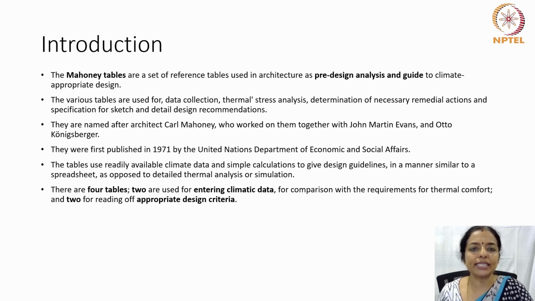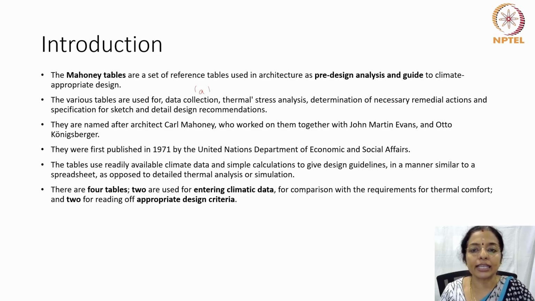The Mahoney's table is a set of reference tables used in architecture as a pre-design analysis and guide to climate appropriate designing. The various tables used in this type of analysis have information pertaining to the climate of the place. So there is data about the climate of the place.